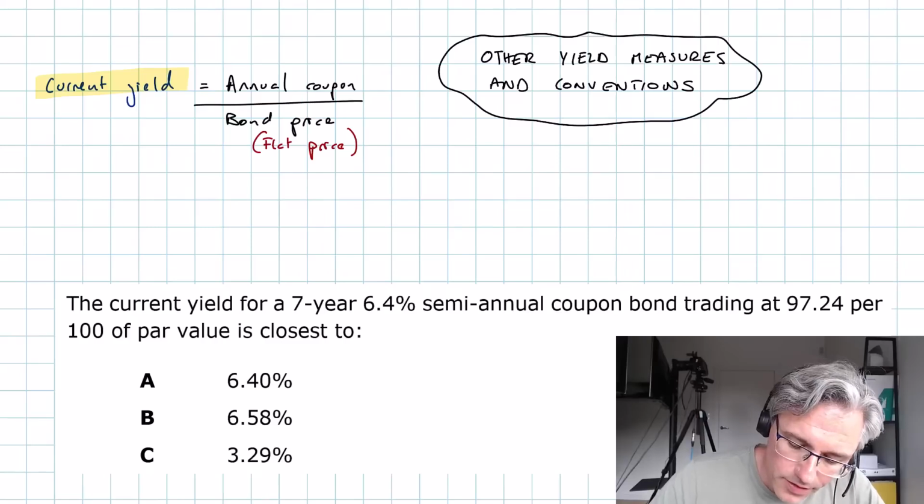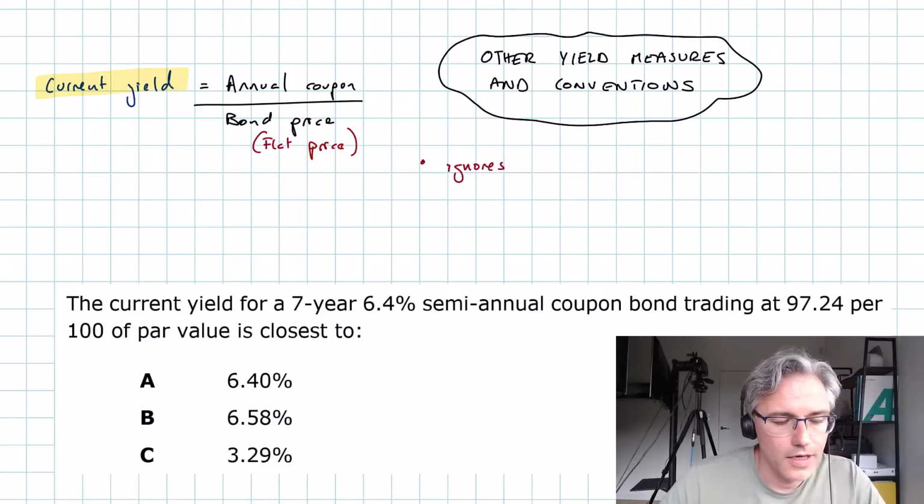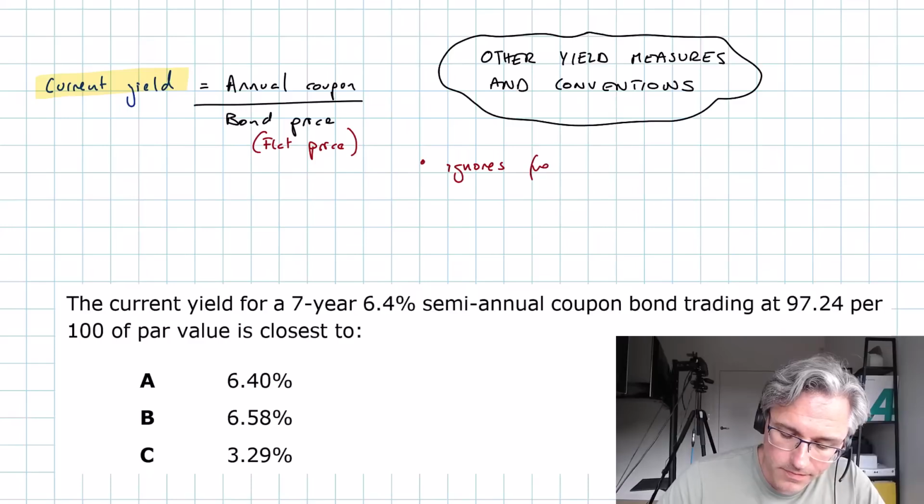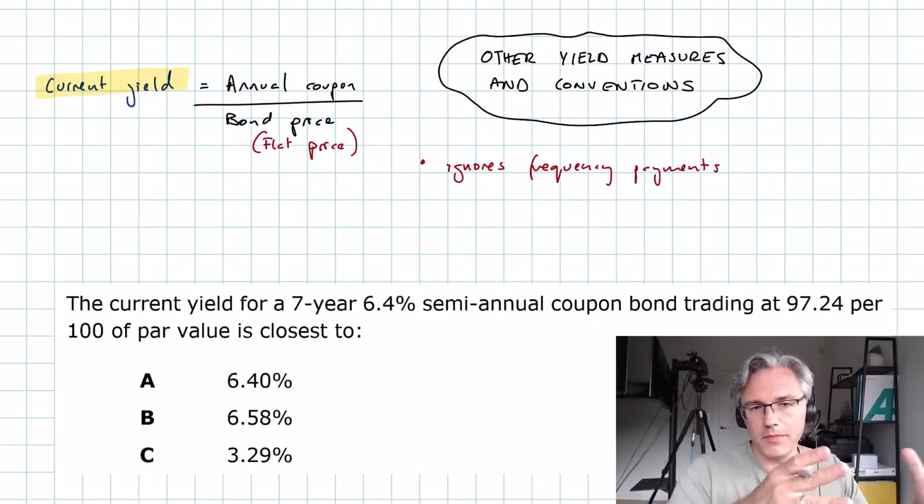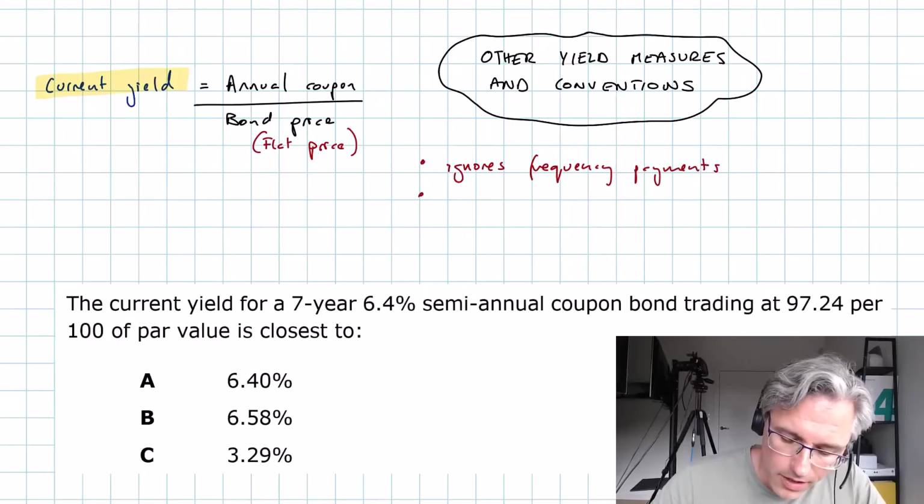So just understand that this measure ignores the frequency of coupon payments, because we take the annual coupon as it is, irrespective of how many bits it is actually split into. It completely ignores the time value of money.